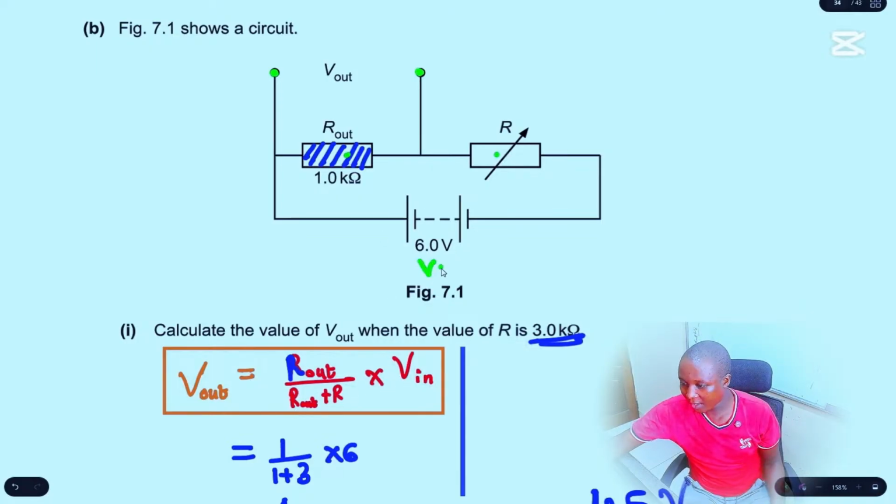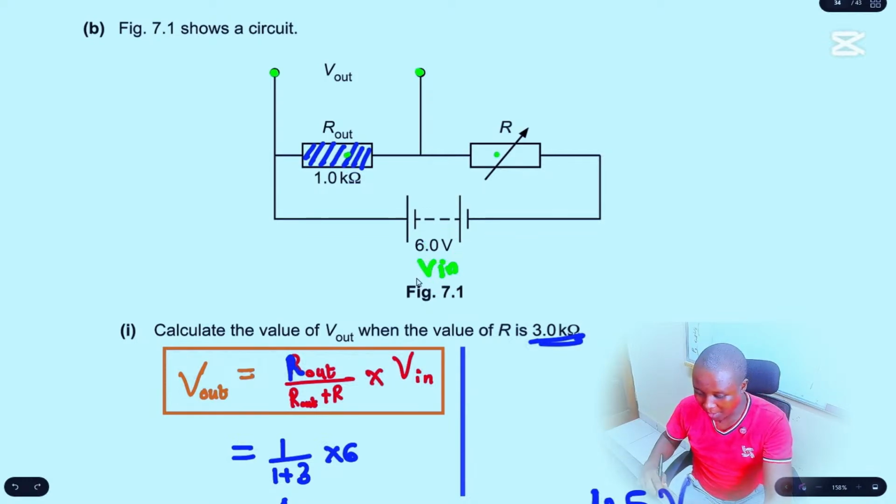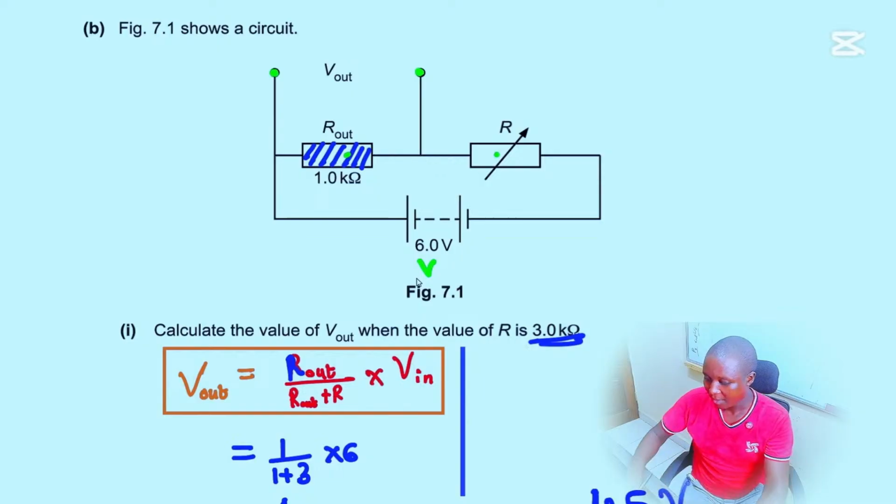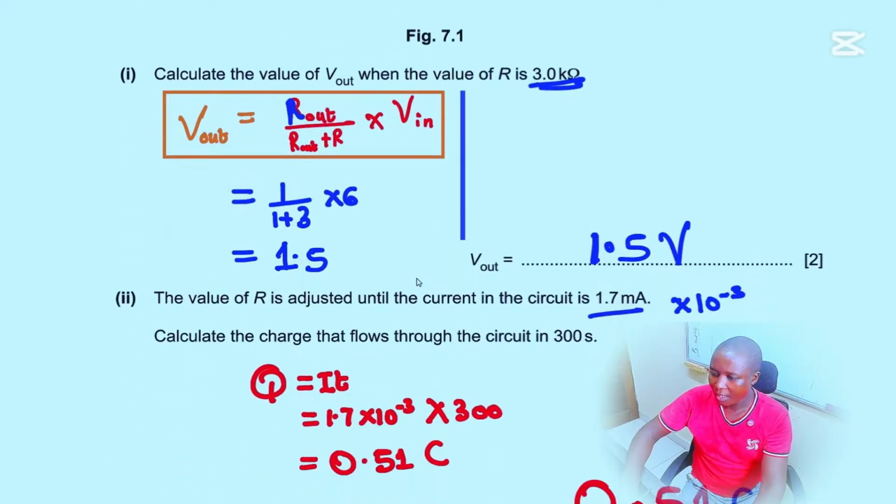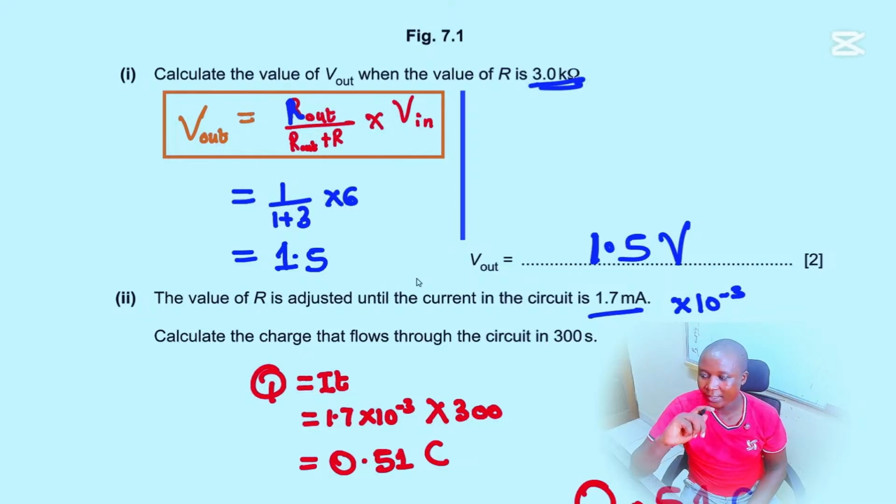The V in is the voltage that was supplied there. If you substitute, you're going to get your answer as 1.5 volts. Don't forget to write the units.